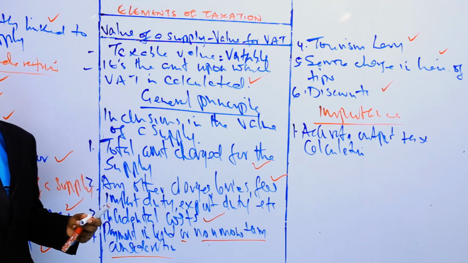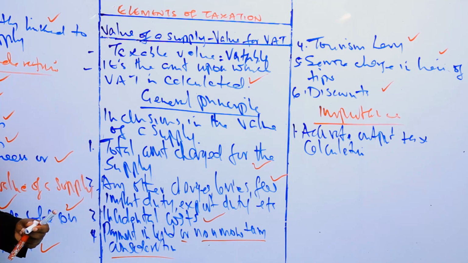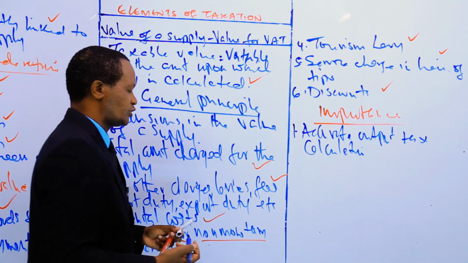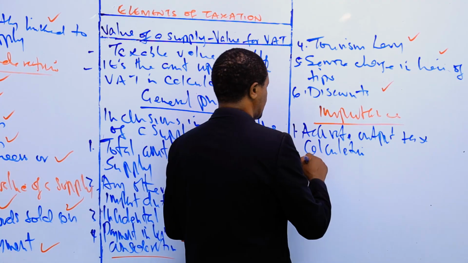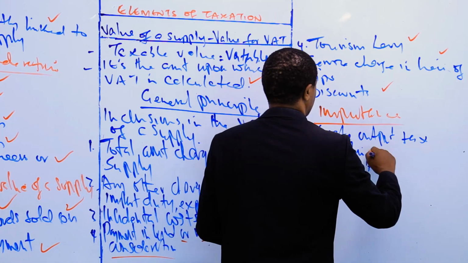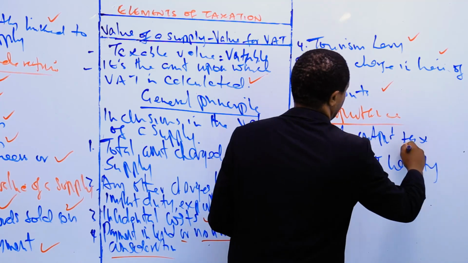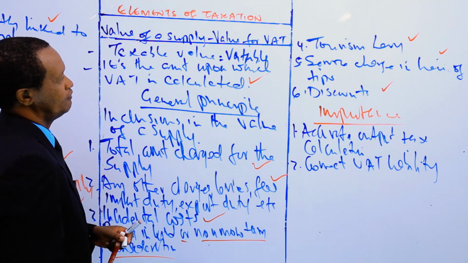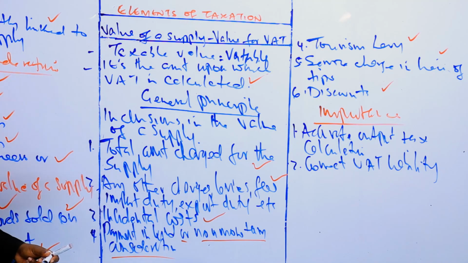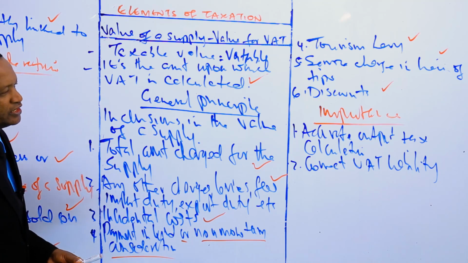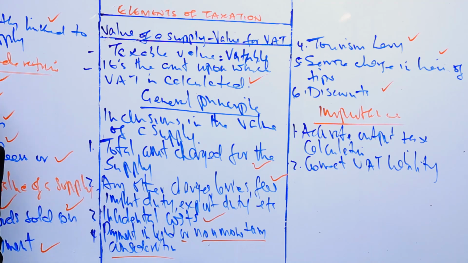It ensures the correct amount of VAT is charged to customers. It also gives rise to correct VAT liability. If the VATable value or the value of a supply is accurate, then the VAT liability will also be correct. It impacts the total VAT due to KRA.